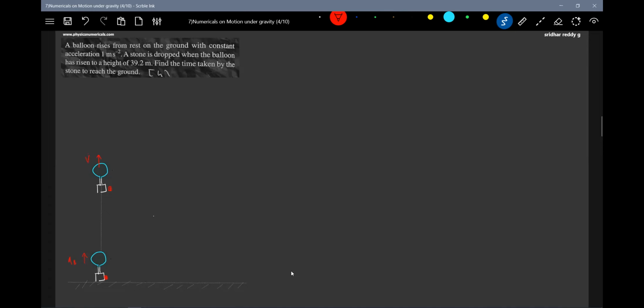Or you can write some u1. The stone also will be moving with a velocity. Let this velocity of the balloon be VB1, I'll write it. And this is the stone. So this height available for us is 39.2 meters. g is not given, so we'll take the value of g as 9.8.